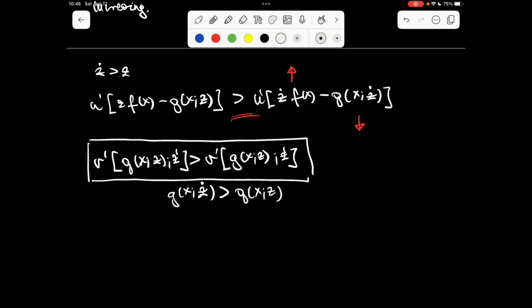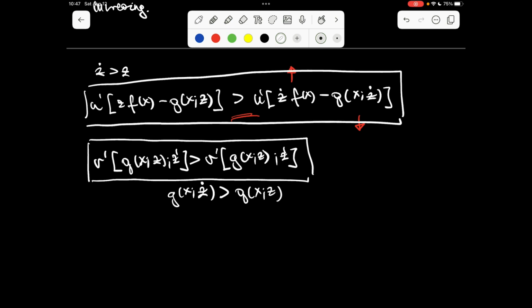We can build on the fact that the two sides of the first order condition behave in the same way. So if this relation holds on the left hand side, the same relation must hold on the right hand side, just because of the monotonicity of the transition function Q. That's all.